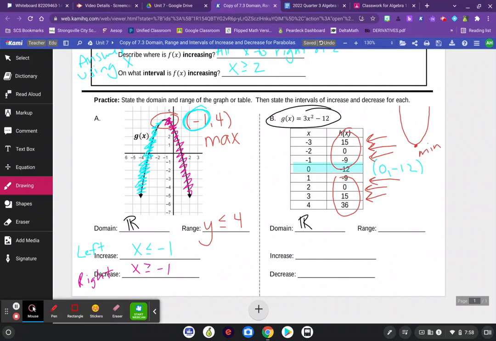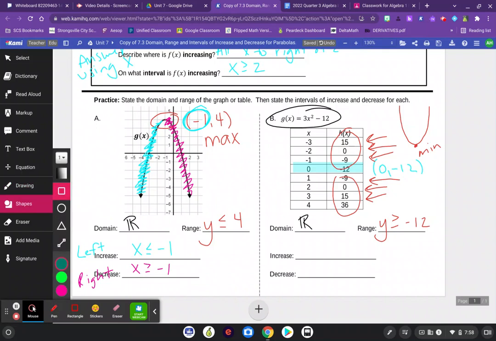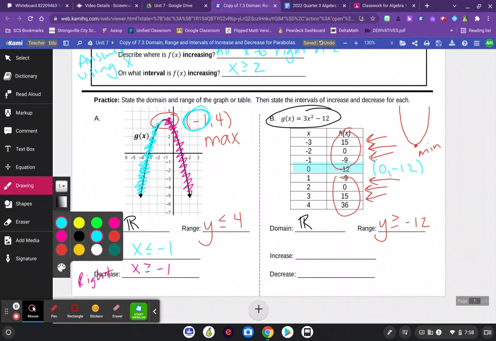That means that my y values are all going to be bigger than or equal to -12, the y coordinate of that vertex. Notice that we're sketching some graphs like we did yesterday in the previous lesson. All right, so let's use the same idea to help us think through where we would be increasing or decreasing.